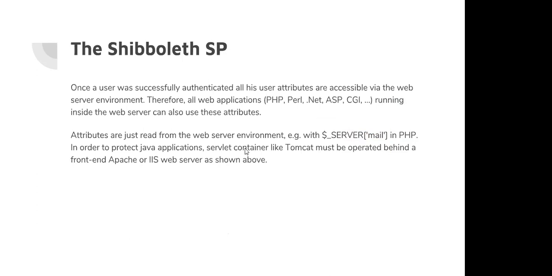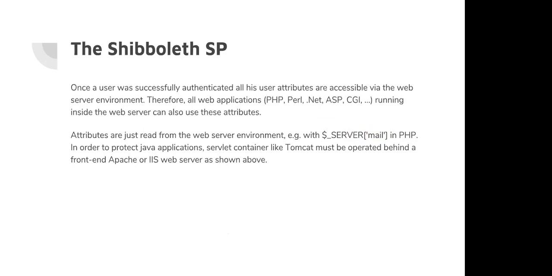With the Shibboleth SP, once a user has successfully authenticated, his or her user attributes are available to the web server environment. Therefore, all web applications, PHP, Perl, .NET, etc., running inside the web server can also use these attributes.